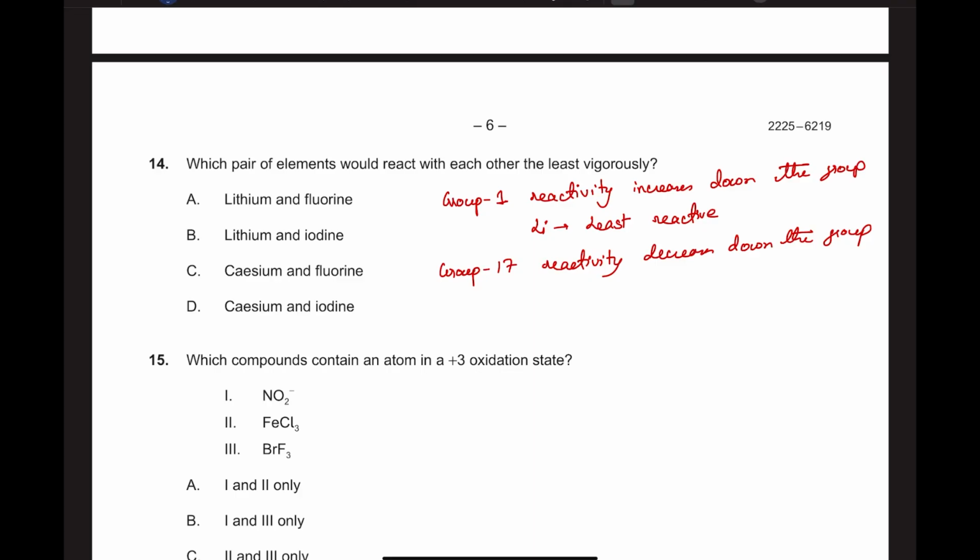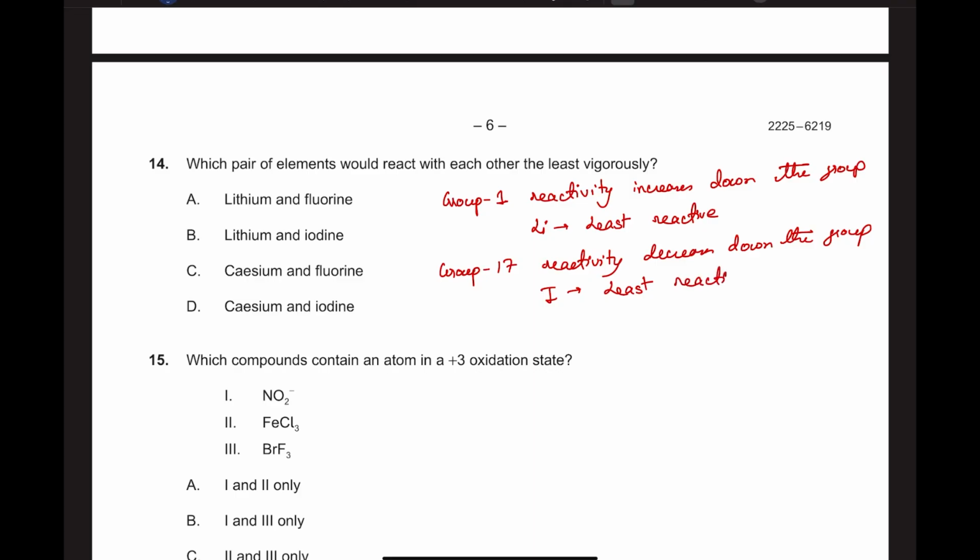If you're adding an electron to fluorine, this added electron will be much closer to the nucleus. So the nucleus will be able to hold this electron strongly. But in iodine, as the atomic size is pretty big, if you add an electron, the nucleus will have a hard time holding on to this electron, right? So iodine is the least reactive in group 17.